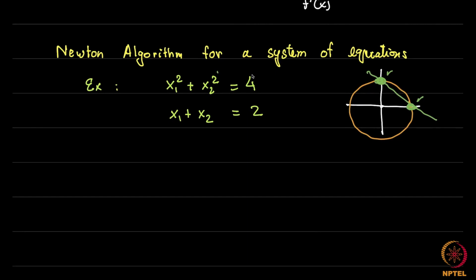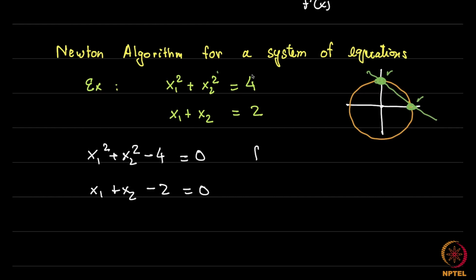So let's say we now reformulate this again as two equations of the form x1 square plus x2 square minus 4 equal to 0, and similarly, x1 plus x2 minus 2 equal to 0. So now we have two equations.